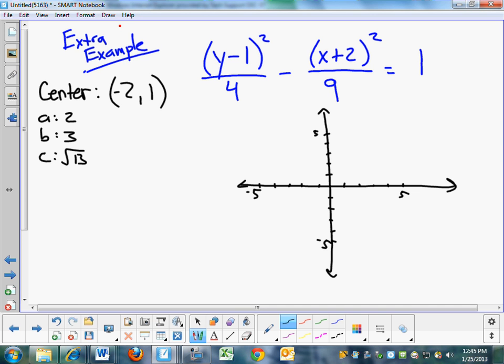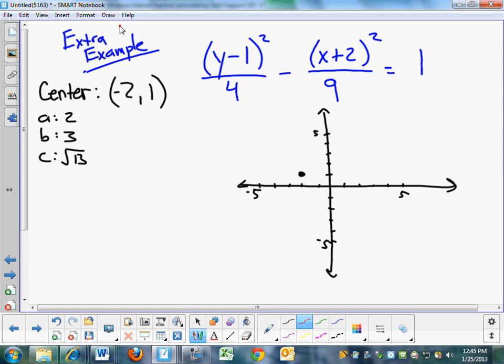All right. So we plot the center, -2, 1. Very good. And now, do you remember what I do that's different than what your book does, maybe? I make a box, and so I should go how many units in each direction horizontally? 3. 2 in the Y, 3 in the X. These always tell you which direction you're moving.